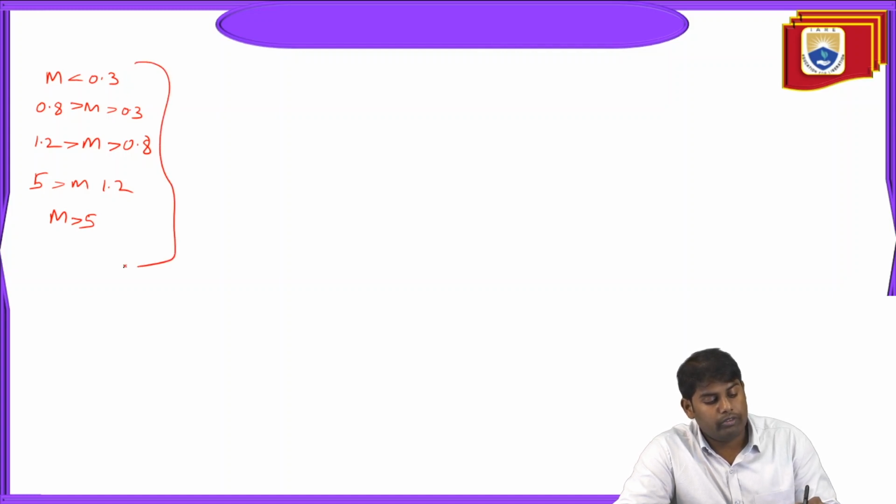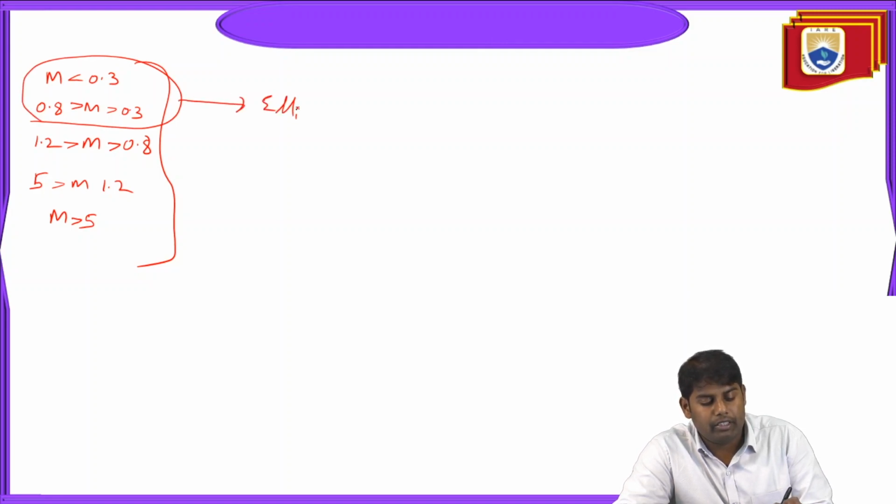These are the zones which we saw. Let's say the zones at low Mach number come under elliptic equations.